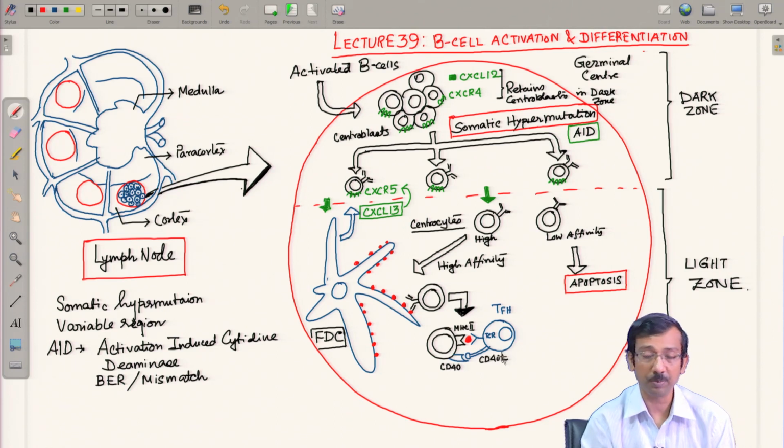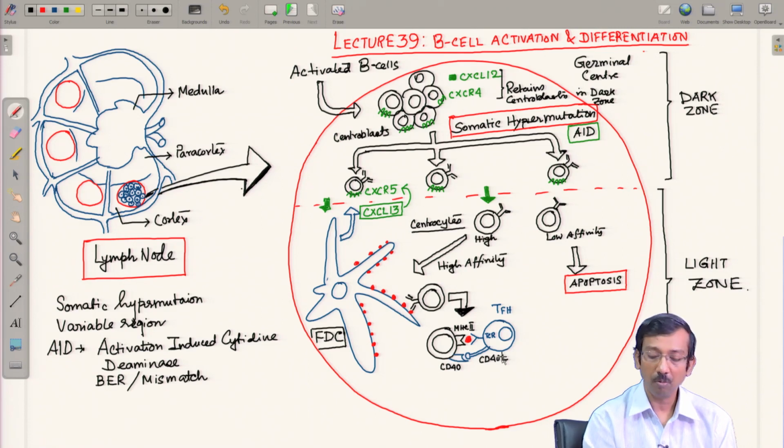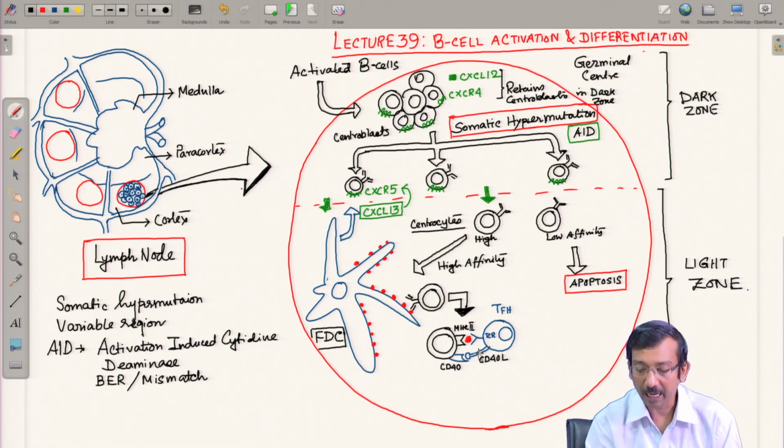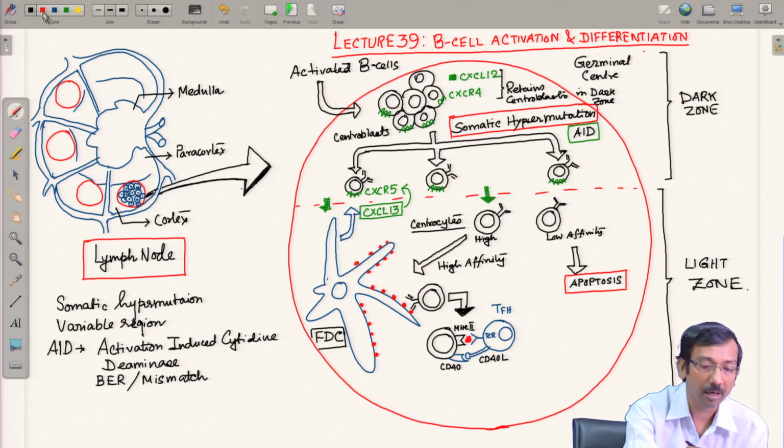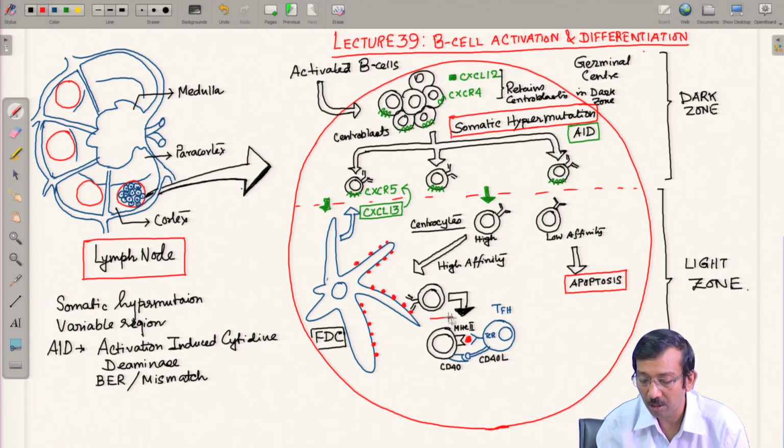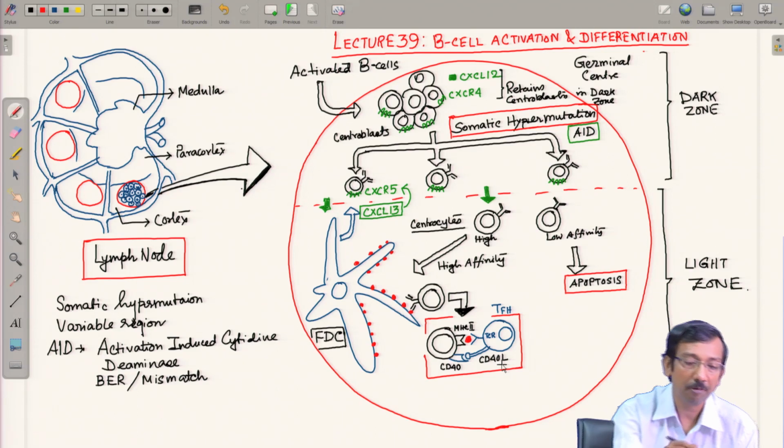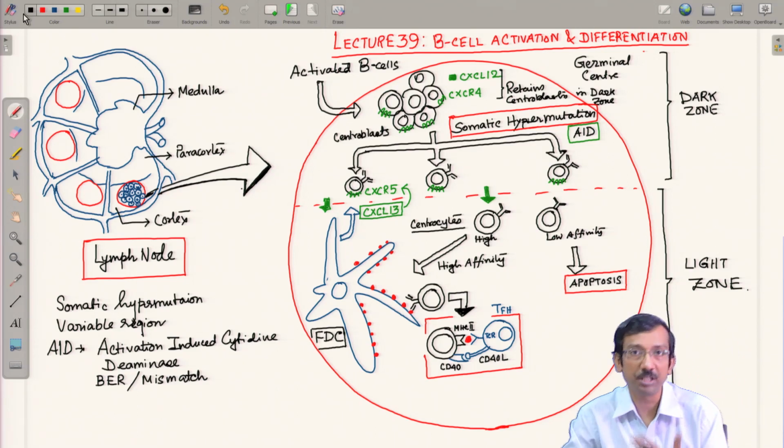The CD40 ligand which is expressed on the TFH cell will again interact with the CD40, and this interaction here is very essential for the next step, that is the class switching.